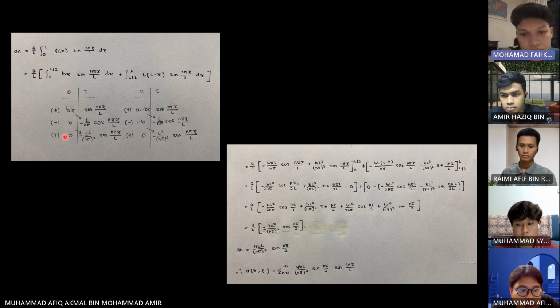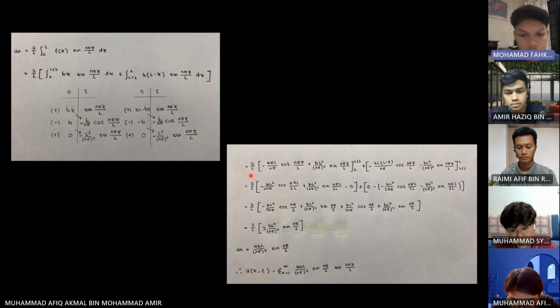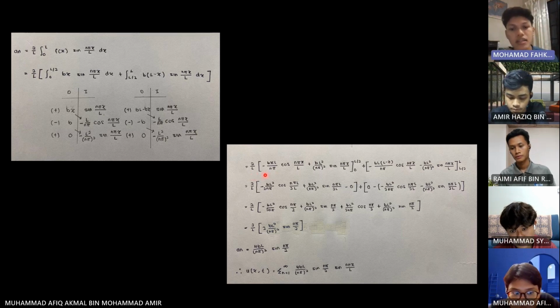From the tabular method, we can solve the equation and get the value of an. Since bn equals 0, only the an equation goes into the f(t) equation, and there is the final answer. That's all from me.